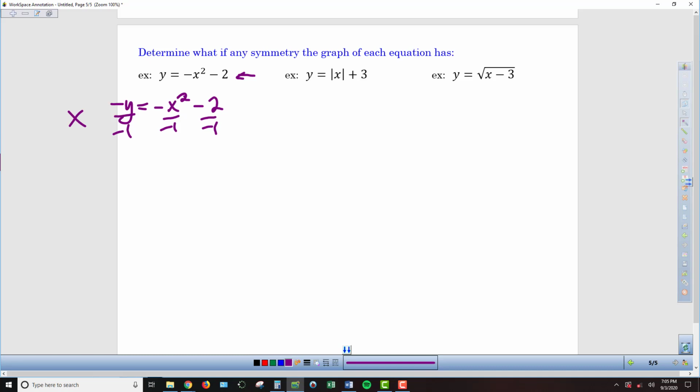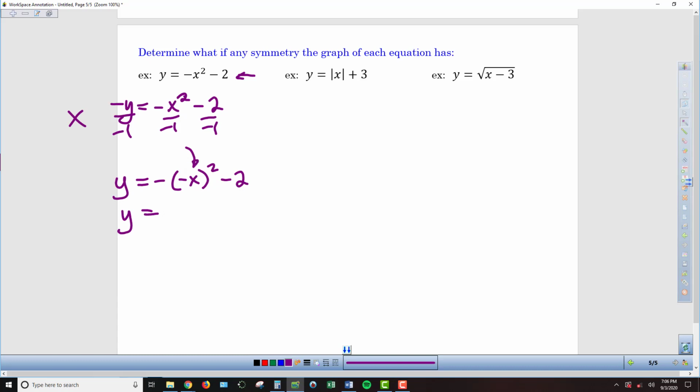Now what about if I test for y-axis symmetry, meaning replace x with negative x? So I've got negative, and then in place of x, I'm going to put negative x squared. So we just have to be careful that we put that inside of parentheses. So everything else stays exactly the same. It's just the x that gets swapped out for negative x. And so I'm going to have negative x squared.